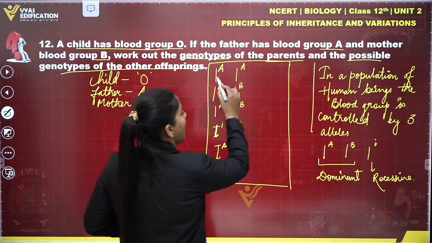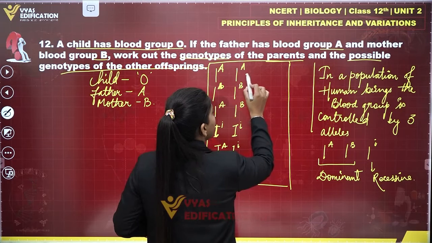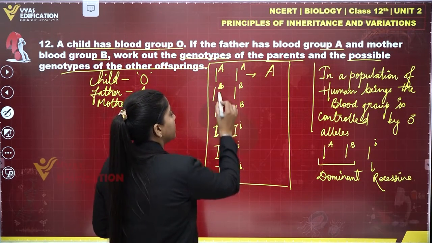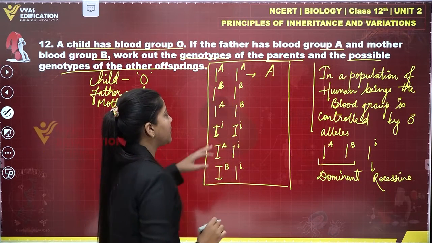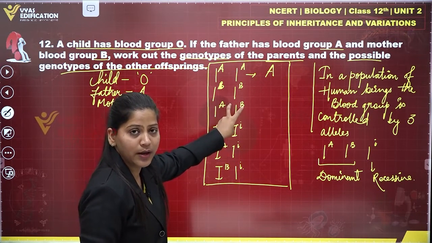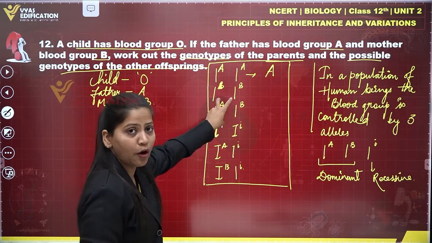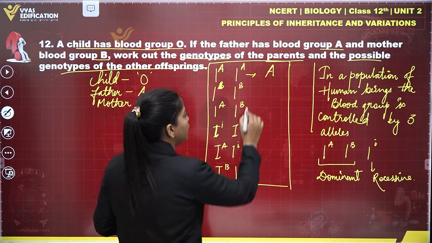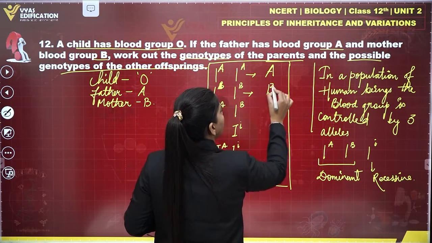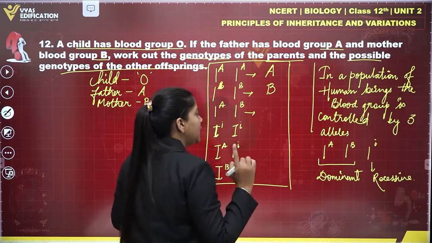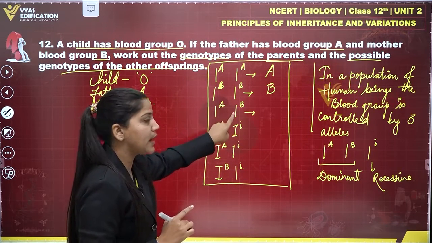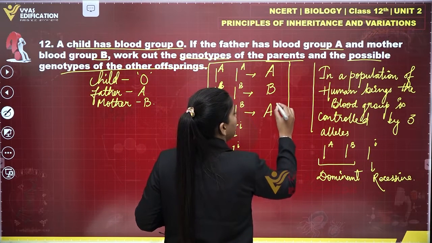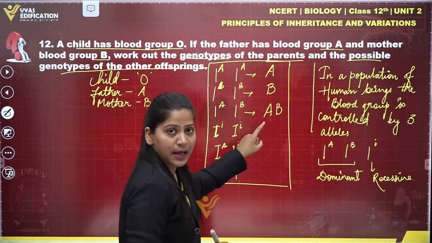Now, IA IA will produce blood group A in an individual. If the alleles present in an individual are IB IB, then the blood group of that individual will be B. If an individual has IA and IB alleles, then the blood group will be AB.